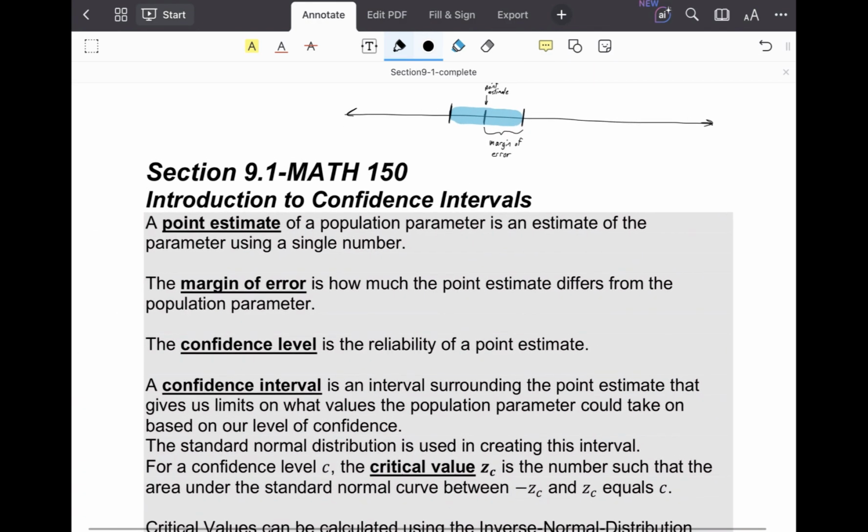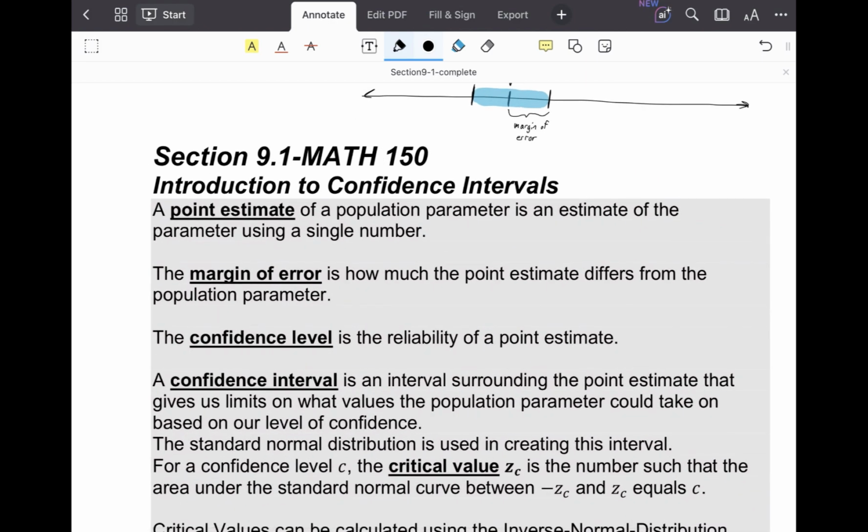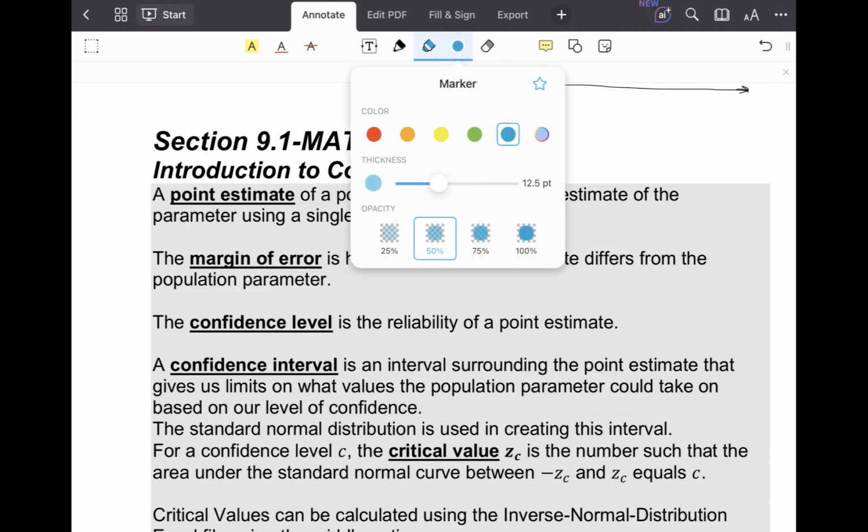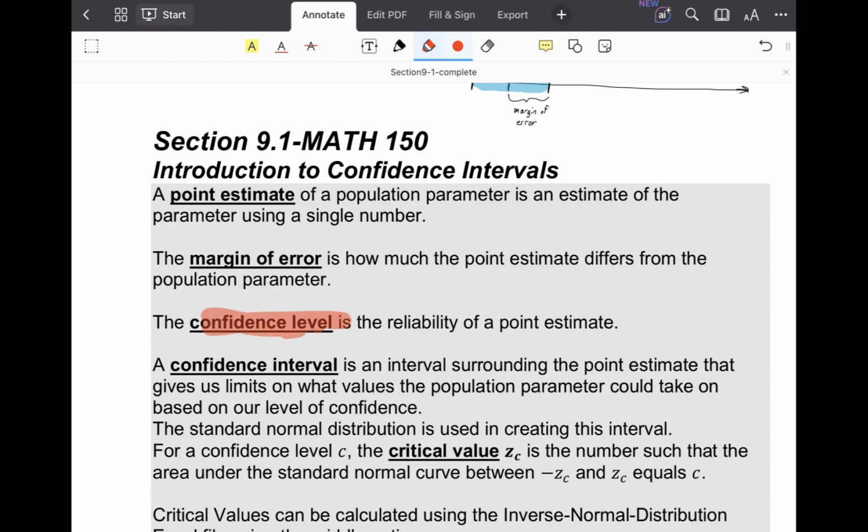Now, the size of this confidence interval, or really the size of the margin of error, is controlled by something that you actually choose, which is called the confidence level. A very standard choice for the confidence level is 95%. That's the most common confidence level that we're going to use.